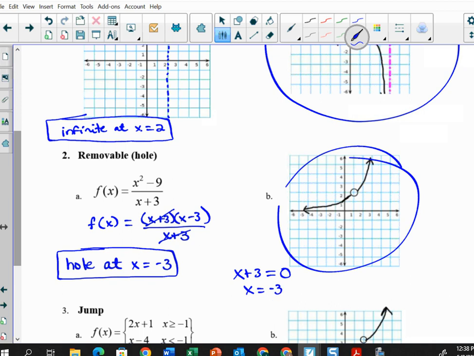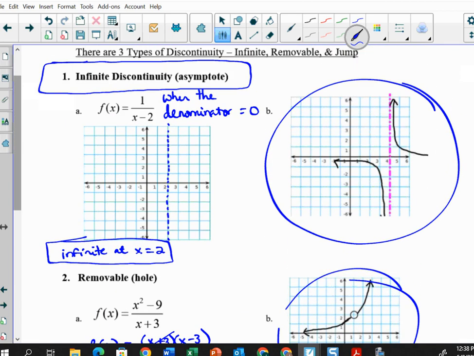That's where it happens. Just like up here, the denominator, you set that equal to 0 to find where the asymptote is. Same idea with those factors. Set them equal to 0 to find where the hole is. It's the ones that you cross out, not the one that's left.